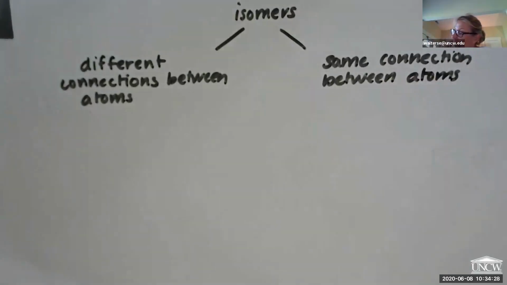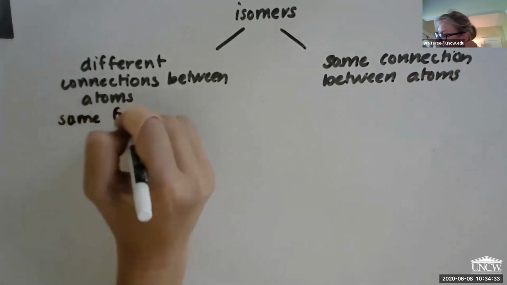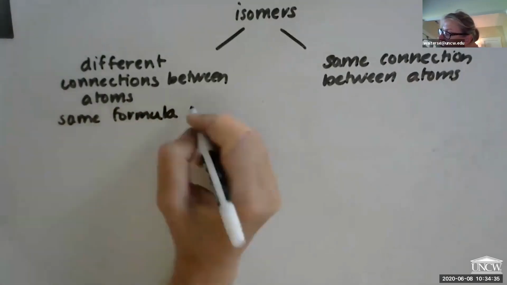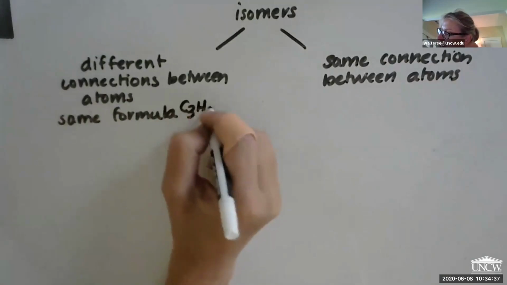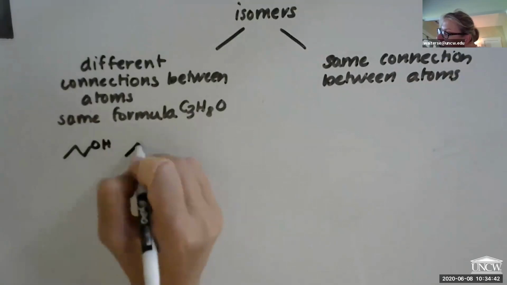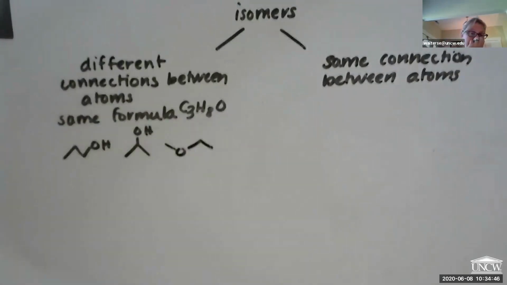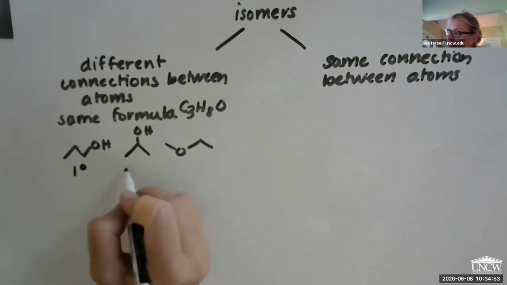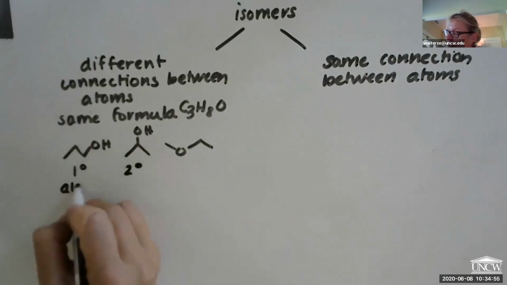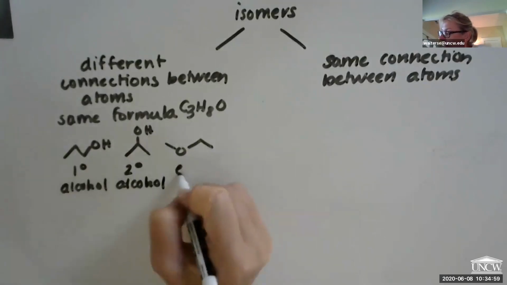For different connections between atoms, you would have the same formula, like C3H8O, and you would get 2 alcohols and then an ether. Okay, so these are connected differently. This is a primary alcohol, a secondary alcohol, and then this is an ether.